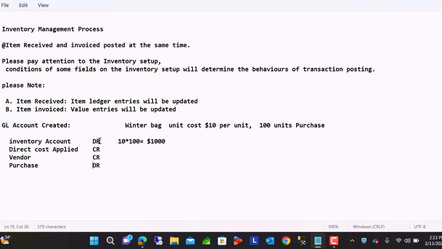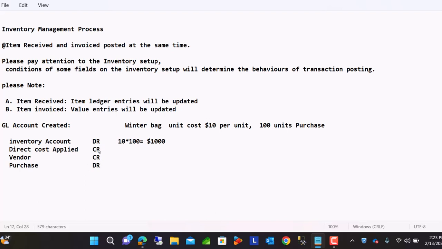Then we have the inventory value and also the item ledger entry. When you go to the item card, it will be populated by the units of the item being purchased. As for direct cost applied, we need to understand that it's more like an offsetting account against the purchases.